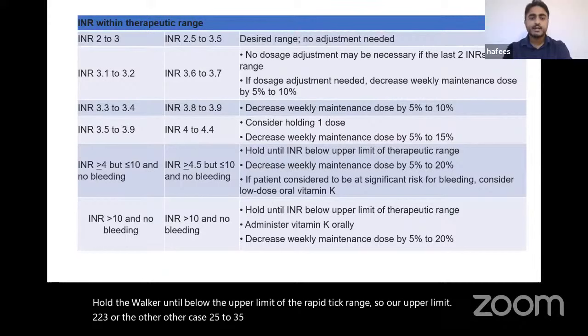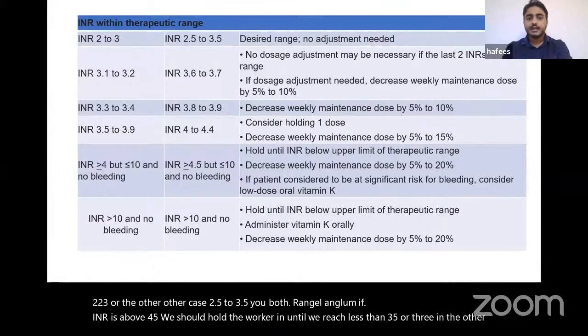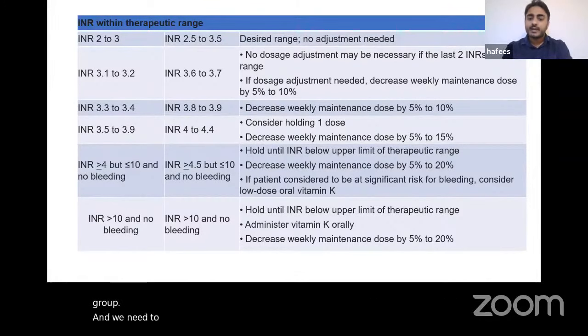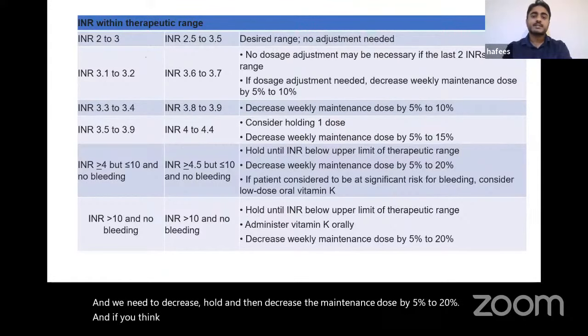If INR is above 4.5, we should hold the warfarin until we reach less than 3.5, or 3 in the other group. And we need to hold and then decrease the maintenance dose by 5% to 20%. And if you think the patient has a significant risk of bleeding, we need to give a low dose oral vitamin K.